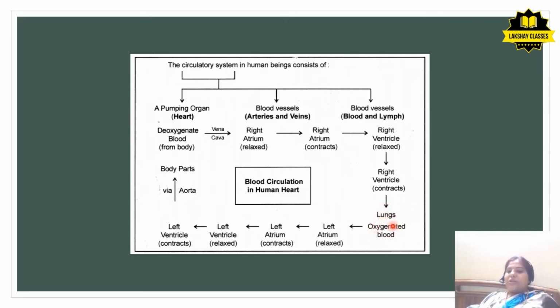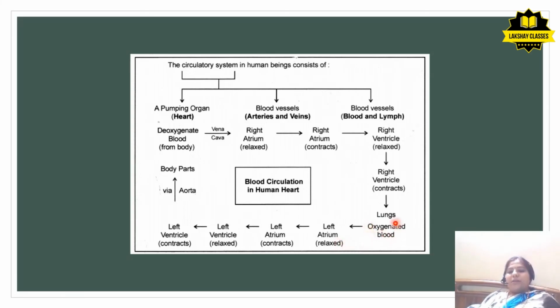Oxygenated blood will be brought to the left atrium by the pulmonary vein. Veins basically carry deoxygenated blood, but the vein which brings oxygenated blood from the lung to the heart is called the pulmonary vein, and it is the exceptional case.